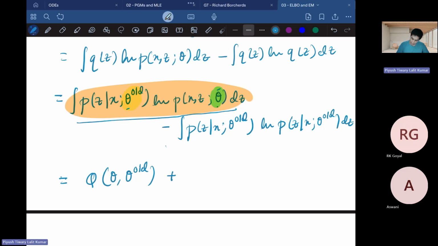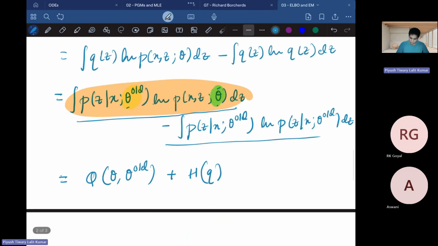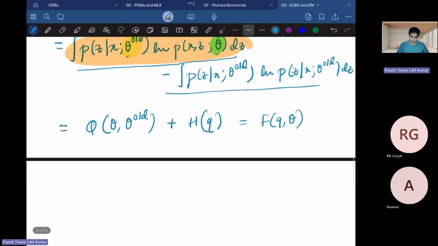Plus, this is nothing but the entropy of this P of Z given X theta old. I will just write it as H of Q, because Q is equal to this P. So this is your F of Q comma theta. Now, if you think about it, this entropy term doesn't contain any theta term.